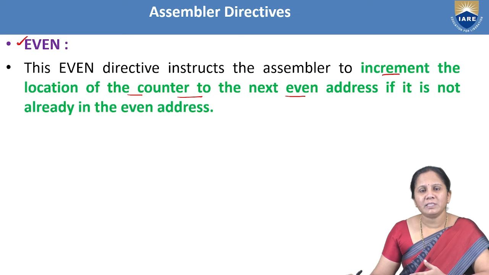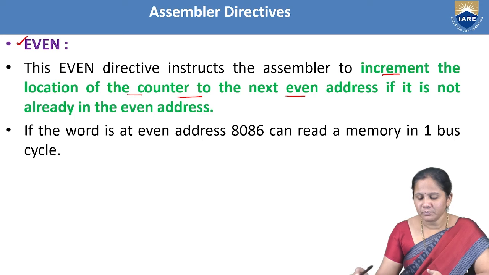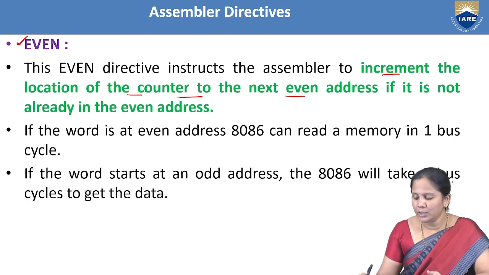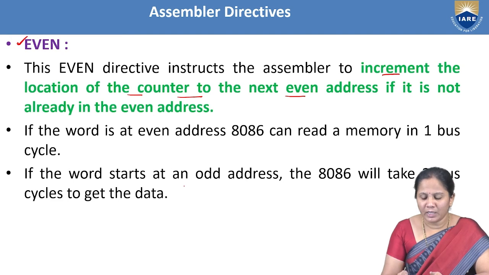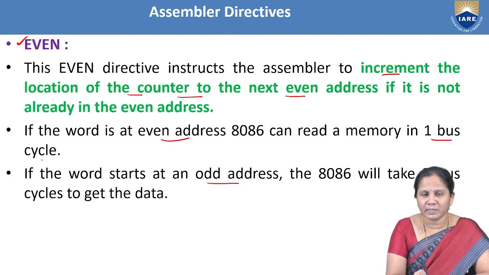What happens if the counter is at an odd address? In order to read the information from the memory, the microprocessor requires 2 bus cycles. But if the counter is at an even address, in order to read the data from the memory, it requires only 1 bus cycle.